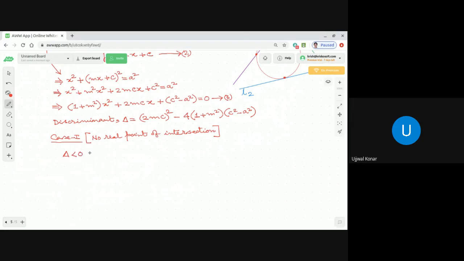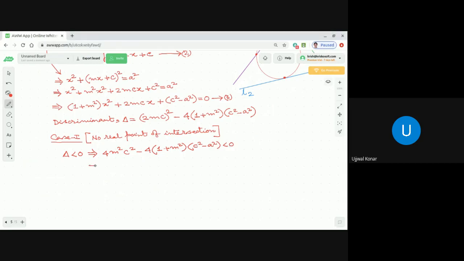Delta less than 0 means what, dear students? That means 4m square c square minus 4 into (1 plus m square) into (c square minus a square) is less than 0.